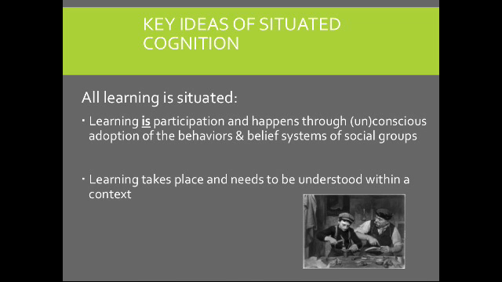We learn all the time, probably without consciously setting out to do so. So some examples of situated cognition would be immersion language learning, apprenticeships or on-the-job training, learning how to drive, many social behaviors, and all sorts of things. I'm sure you all can probably think of other examples as well.